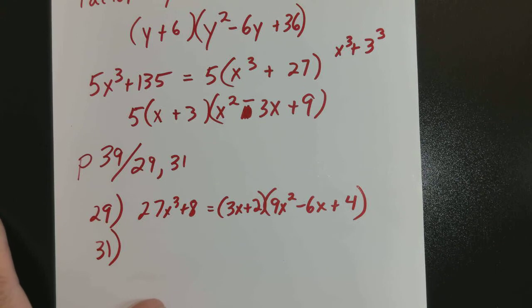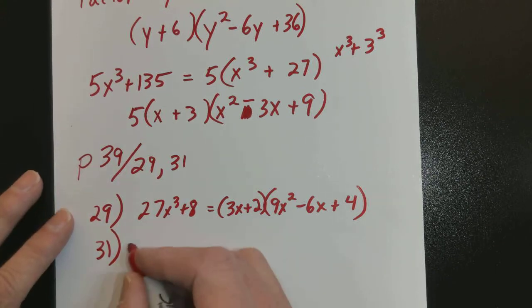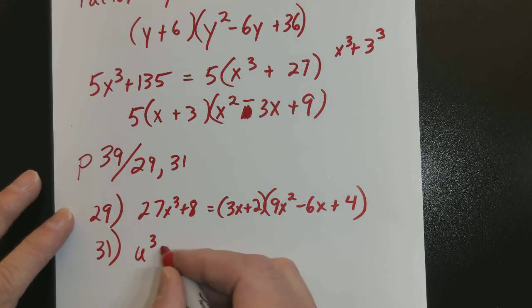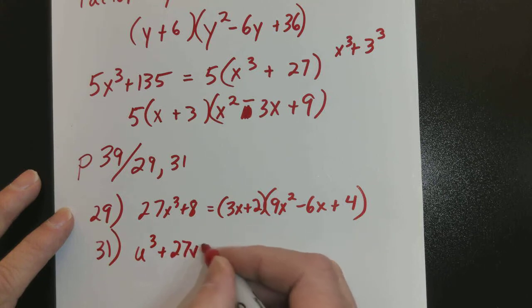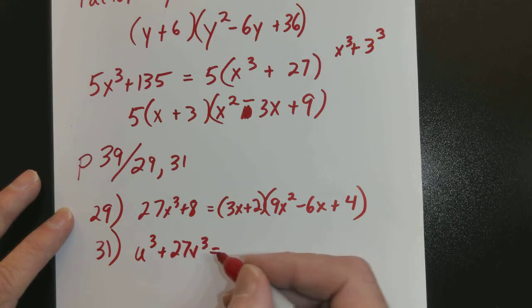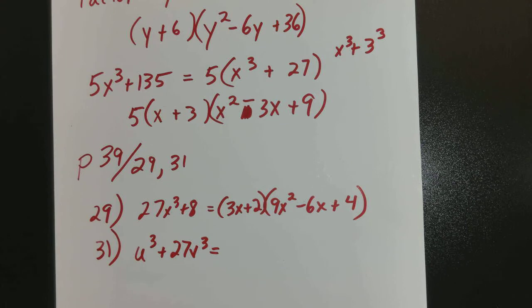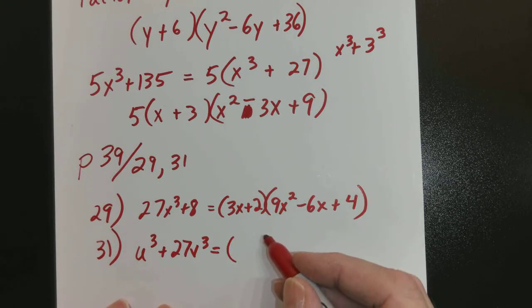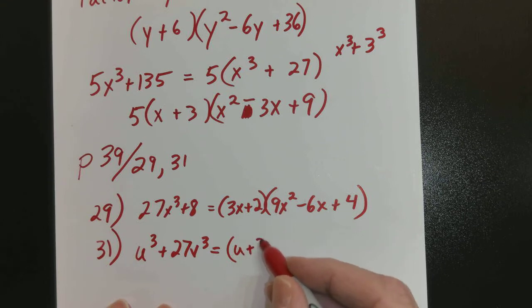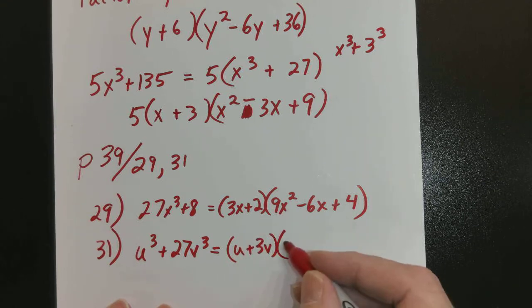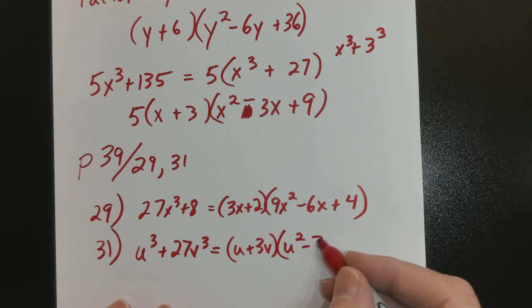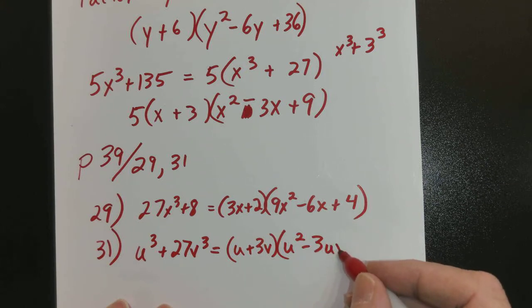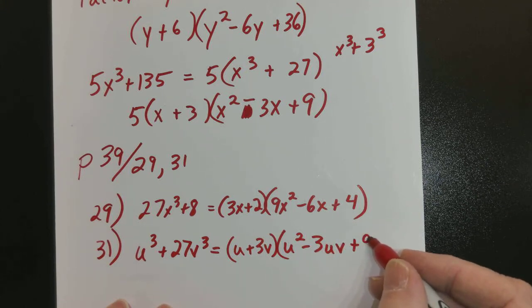U cubed plus 27v cubed. Owen, give that a shot here. U plus 3v. All righty. U squared minus 3vu plus 9v squared.